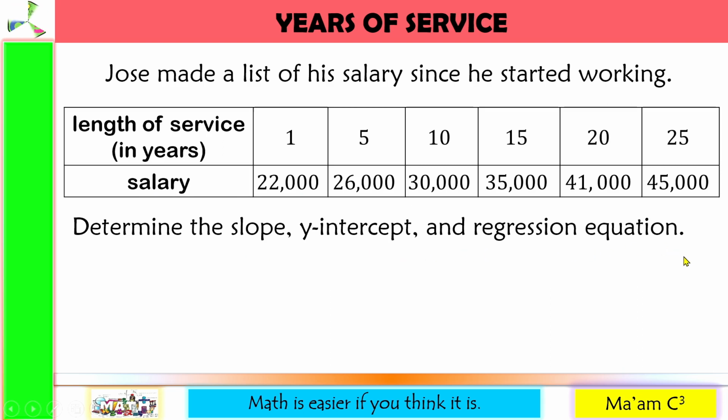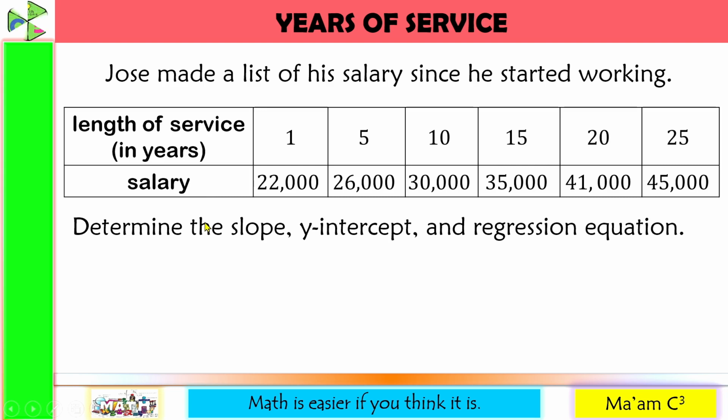Now, first thing that we have to do is to determine the independent and the dependent variable. I hope you still remember our lesson on that particular topic. The independent variable always happens first. So in these two variables, length of service and salary, which one will happen first?